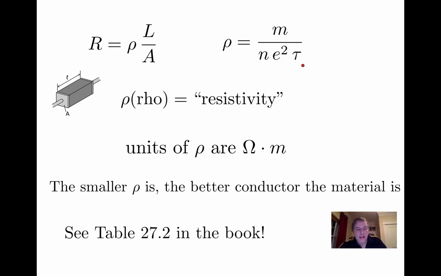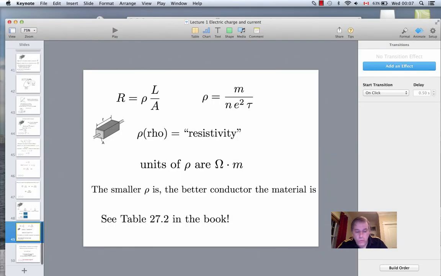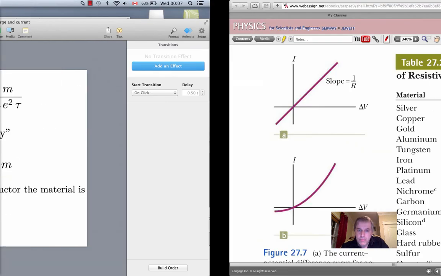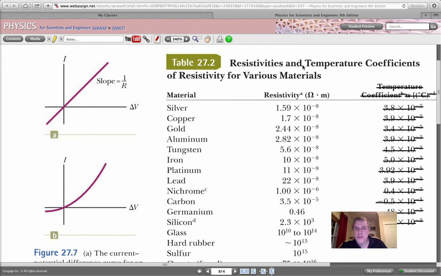Now you can look at table 27.2 in the book for different values of rho. I'll show you that. This is table 27.2. You see different values of resistivity, everything in ohms times meters. For good conductors like silver, copper, aluminum, gold, and so on, resistivity is very small, 10 to the minus 8 ohms times meters. If you go to very bad conductors or good insulators, the resistivity gets very large.